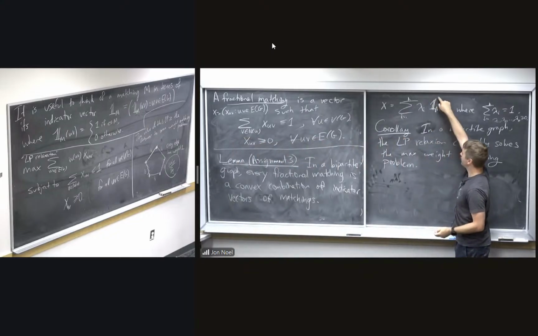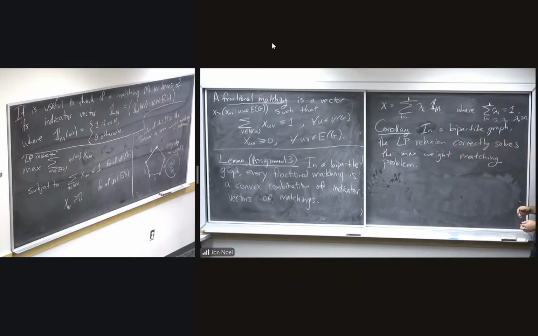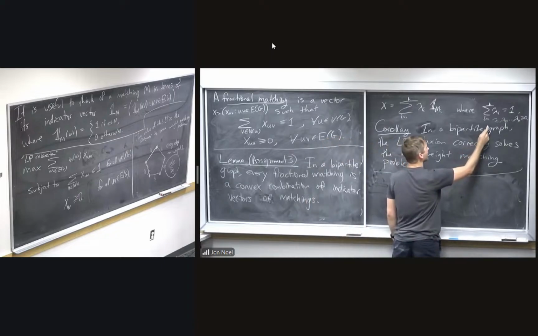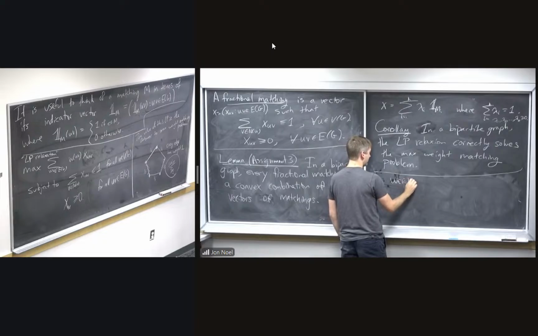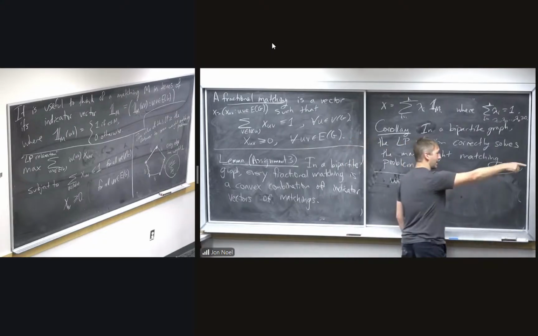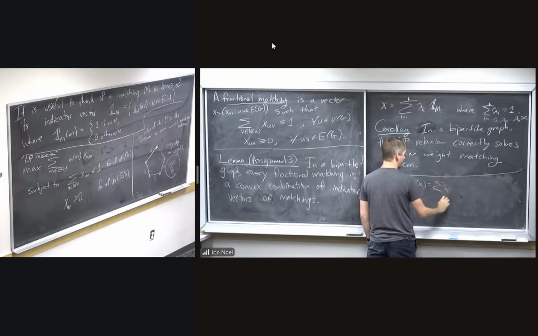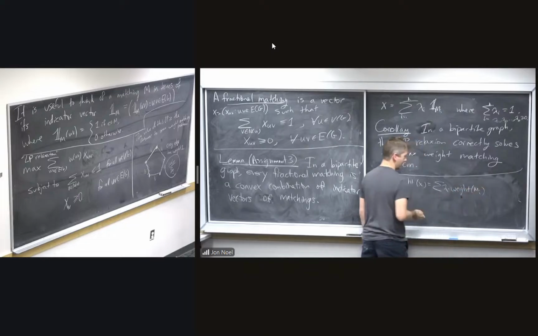Suppose one of them had a smaller weight. Basically, the weight of X, meaning that sum in the maximization, is the sum over i of lambda i times the weight of M i.